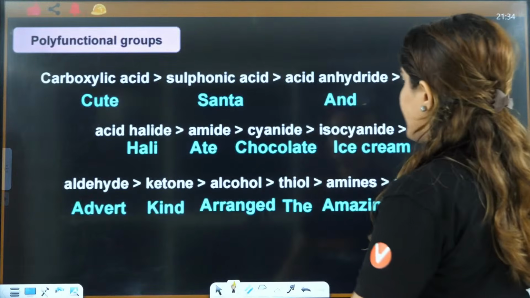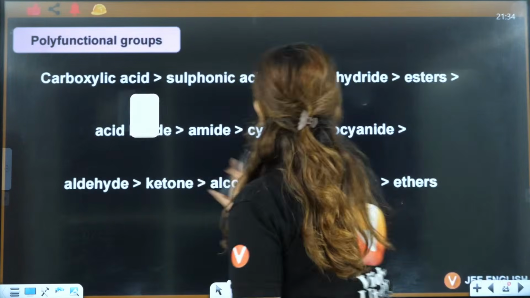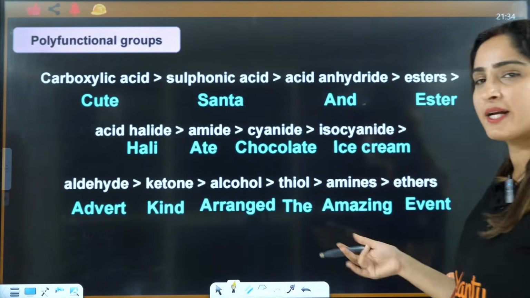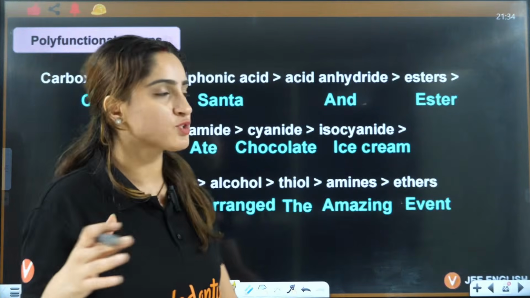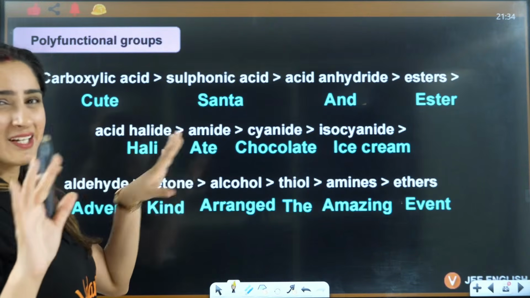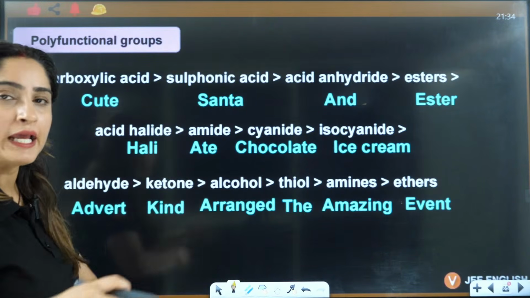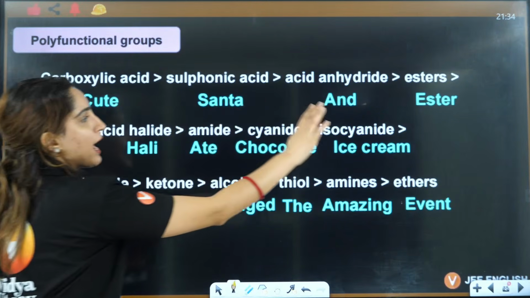I have written it here, right? So this way you can remember this. I remember it as it is, but students ask, ma'am, we need a trick to remember. So this way you can remember if it feels easy. If you feel the trick is not so good, make your own trick in your own language. Feel free.